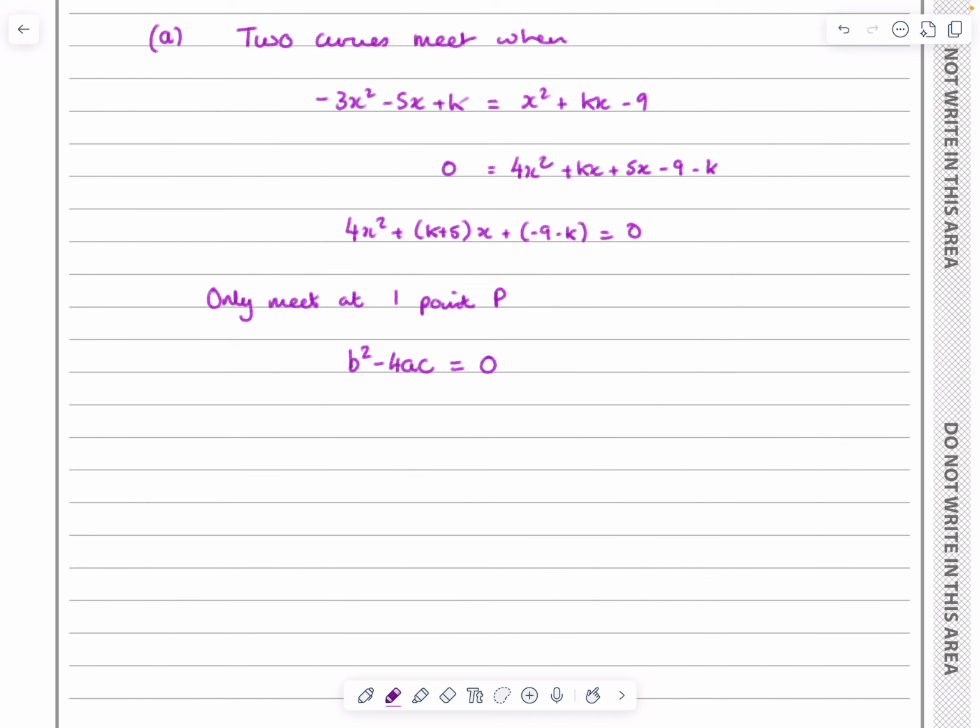There only is one repeated root. So if b squared minus 4ac is going to be equal to 0, b squared is going to give me k plus 5 squared minus 4 lots of a lots of c, which is minus 4 times 4 times minus 9 minus k.